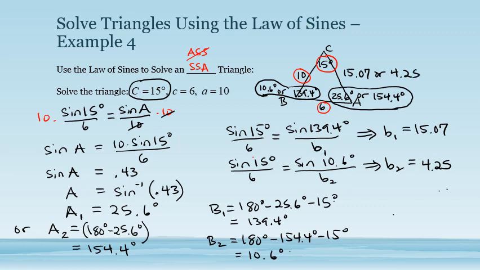Remember that relationship. If you have a large angle, then the side across from it is also going to be large. So those are my two possibilities. And the way that you would write that out is you would literally say, in triangle 1, these are the possible angles and sides, and in triangle 2, these are the possible angles and sides.